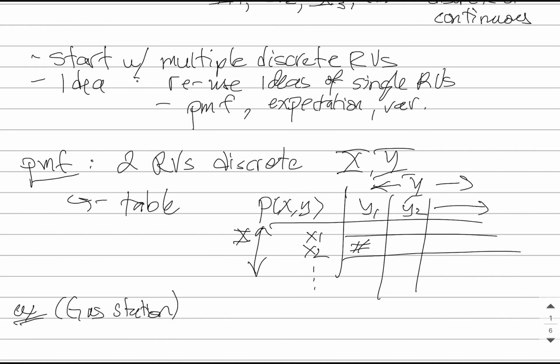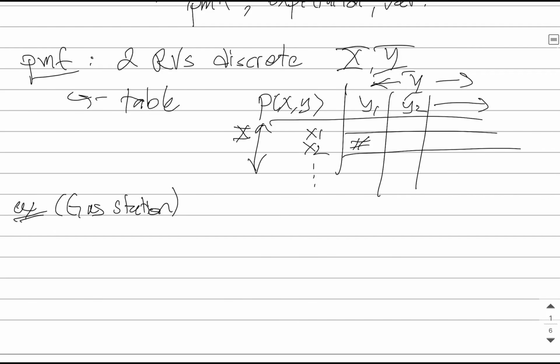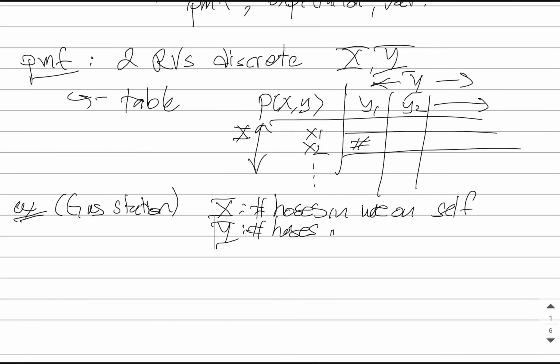Here we're talking about self-serve versus full-serve islands and the number of hoses. So again, X will be the number of hoses in use on the self-serve, and Y will be the number of hoses in use on the full serve.